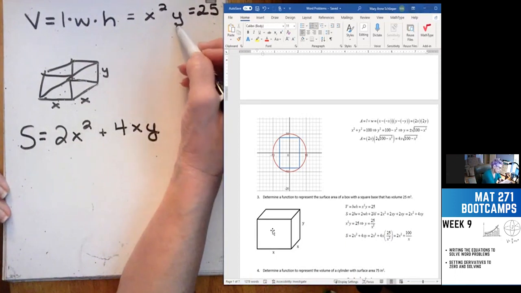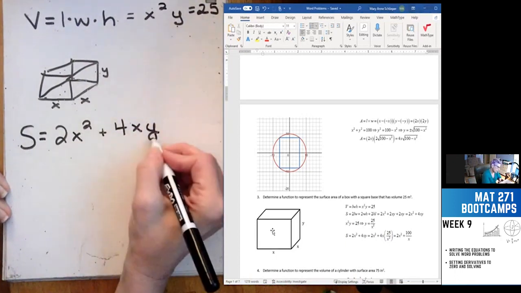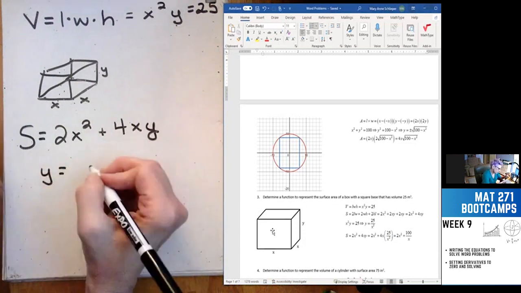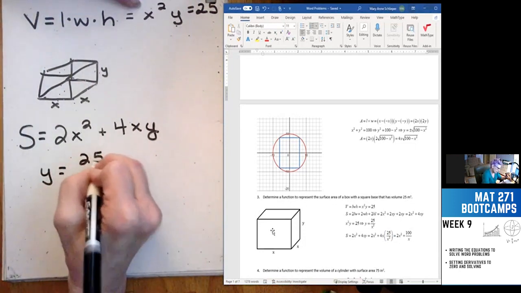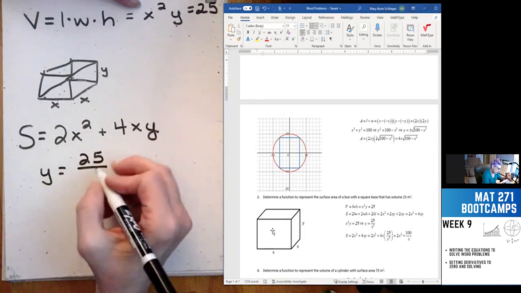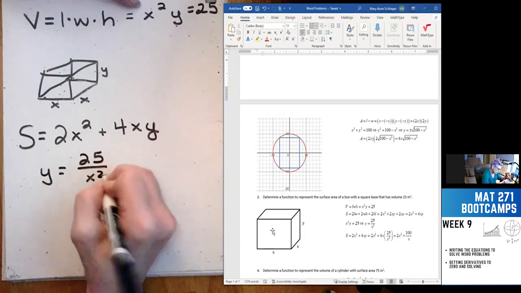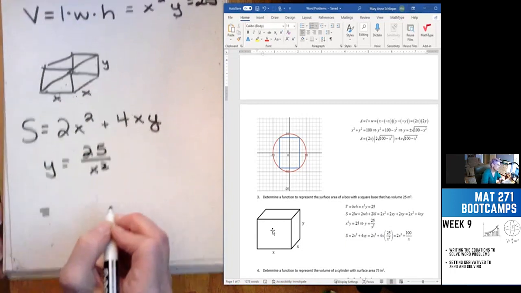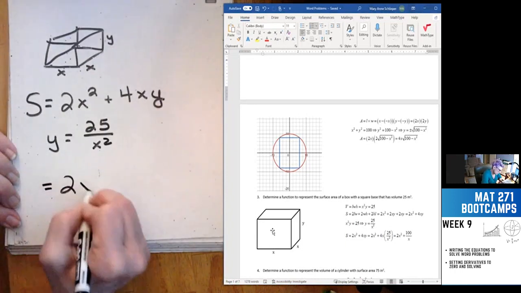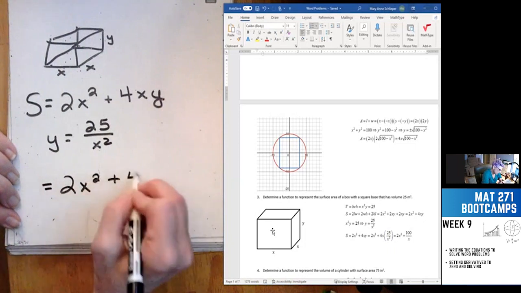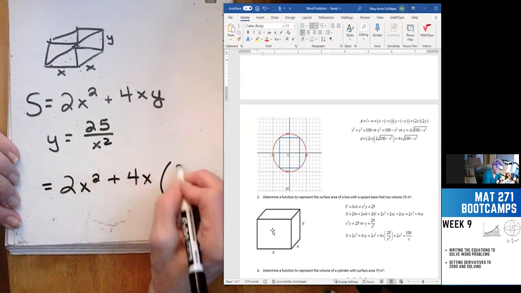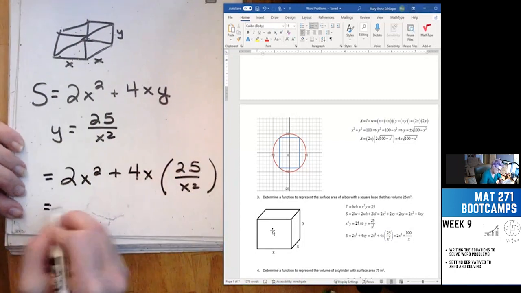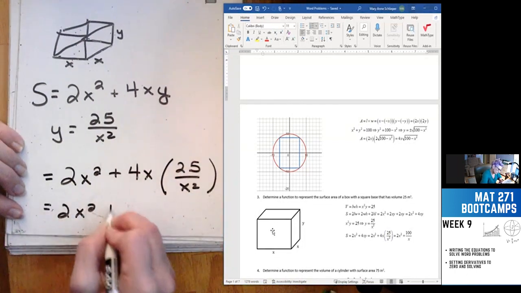Now we go back up here to find a function that we can write Y in terms of X. And since X squared times Y is 25, Y is just 25 over X squared. So the surface area is 2X squared plus 4X times 25 over X squared.